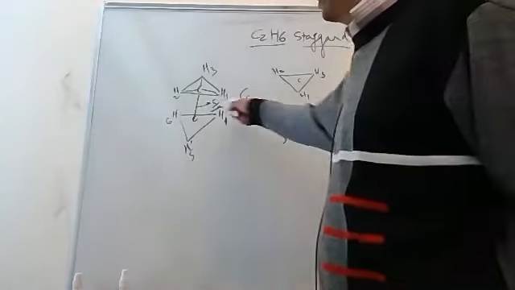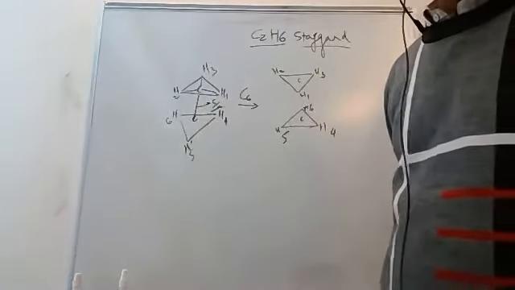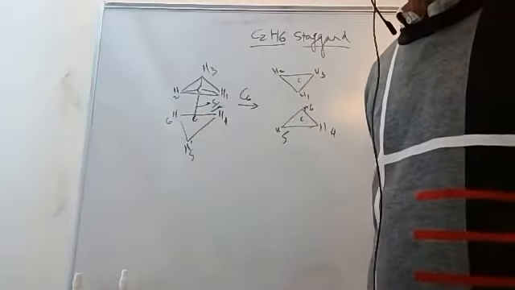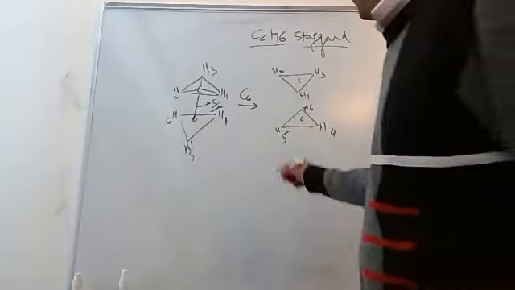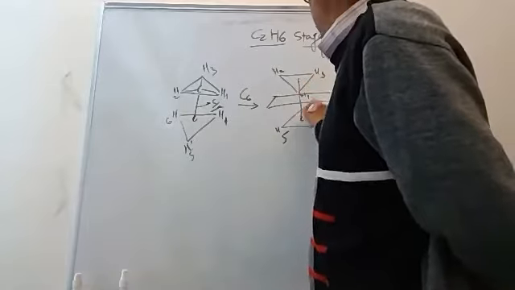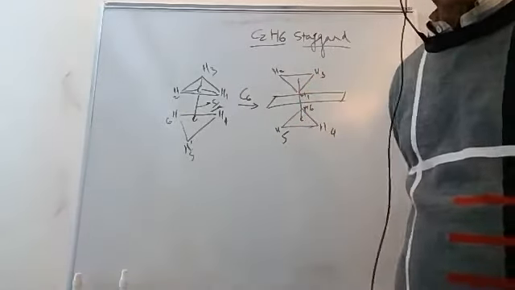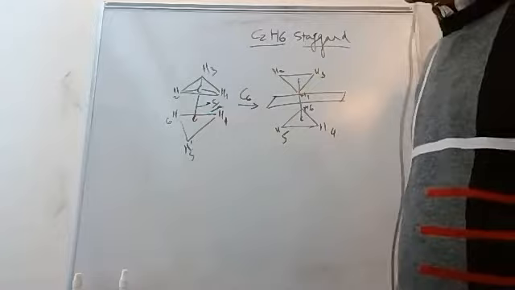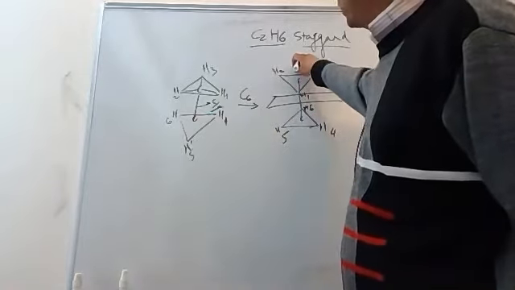But this does not look exactly similar to this, right? However, these two structures are related by a simple reflection plane. Suppose we were to reflect this molecule along a plane that is perpendicular to the CC axis. When I do that, this goes down and that goes up.